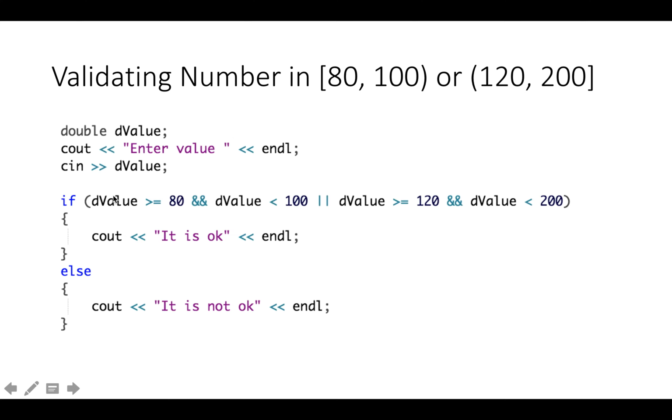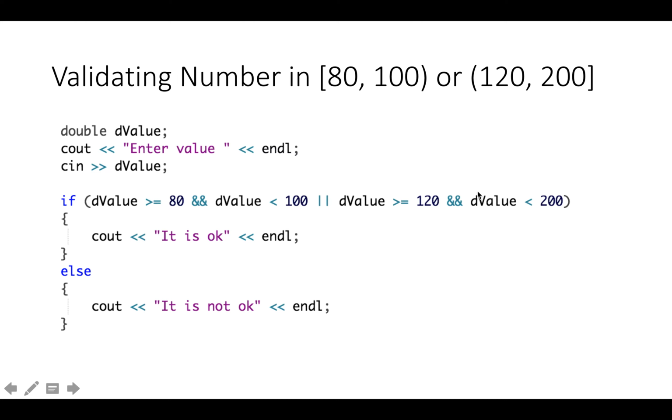Okay. Here you have another example validating the number in one of these ranges. If it is greater than 80 and smaller than 100, or it's greater than 120 and smaller than 200. So here you have the solution. We define the value, we get the value, but then we check if the value is greater than or equal to 80 and the value is smaller than 100, or the value is greater than 120 and the value is smaller than 200.